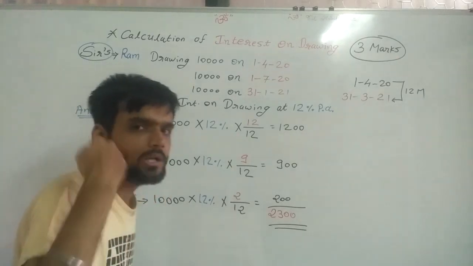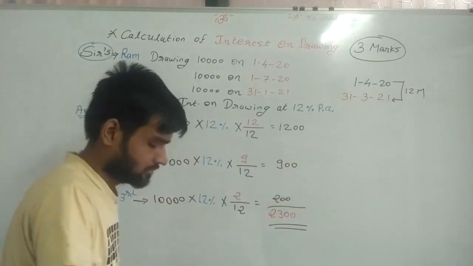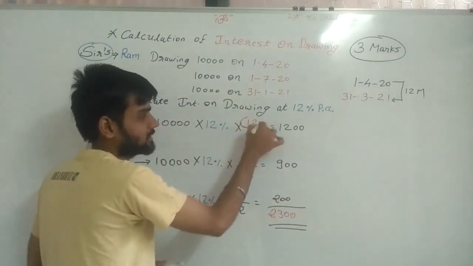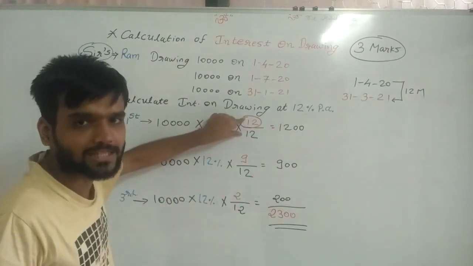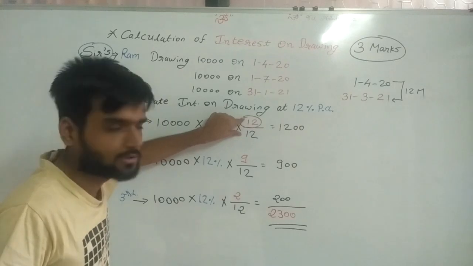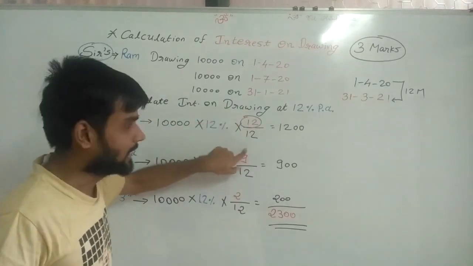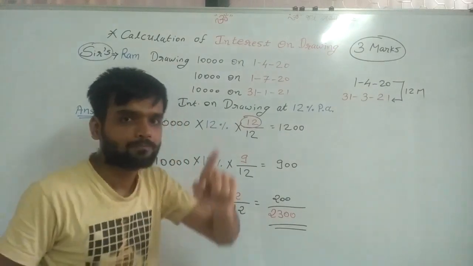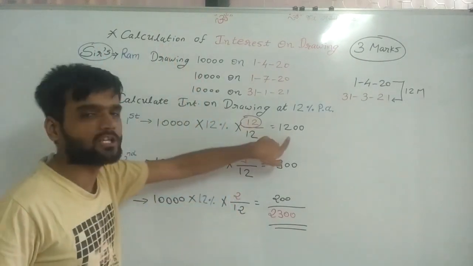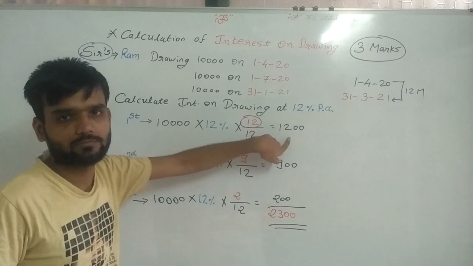Now remember, as in the last sum, the only change is in the numerator. If 12 then 12, if 7 then 7, if 10 then 10. So 12 upon 12, the answer is 1200 rupees. So for the first 10,000 rupees drawing, Ram has to pay 1200 rupees interest.